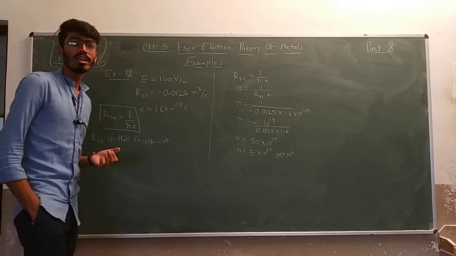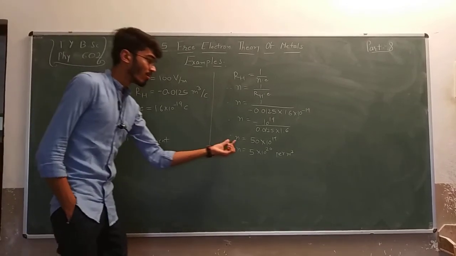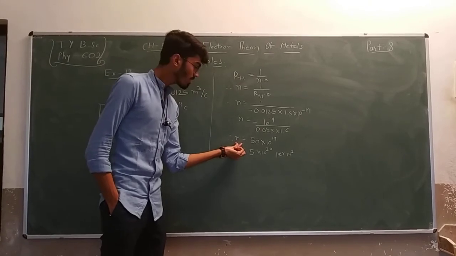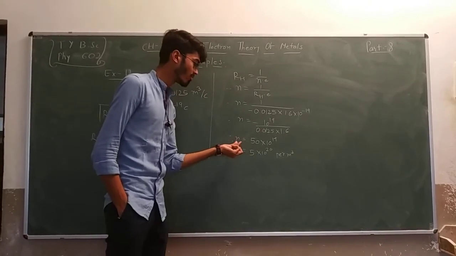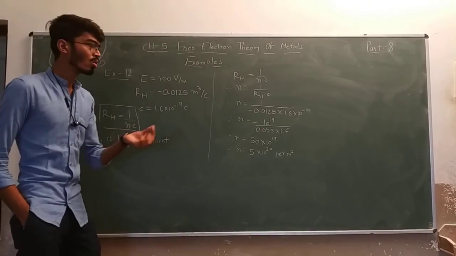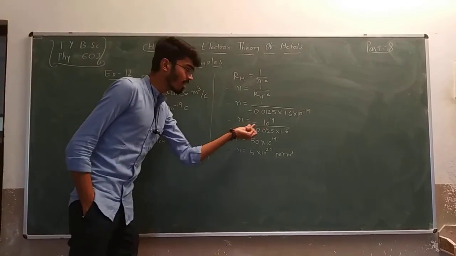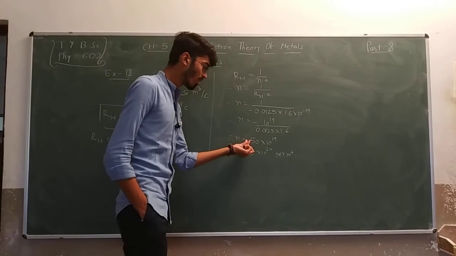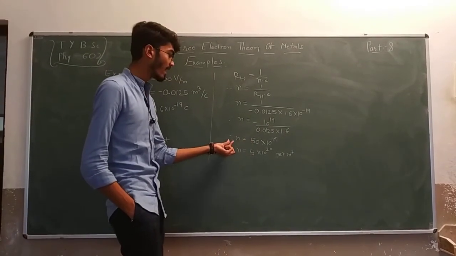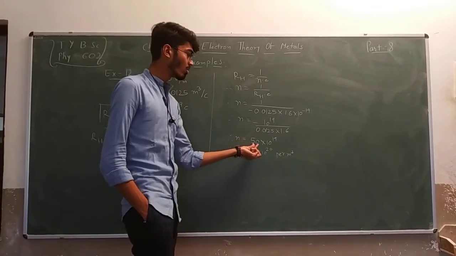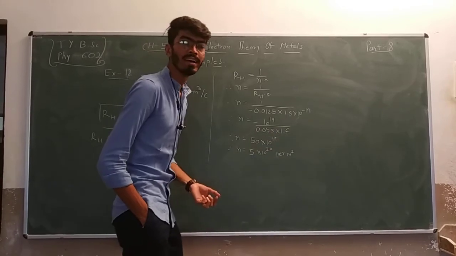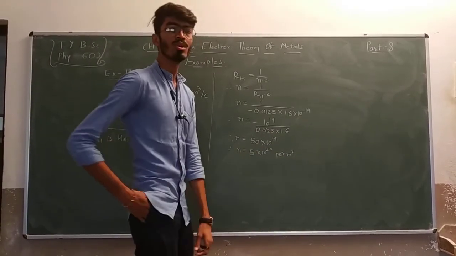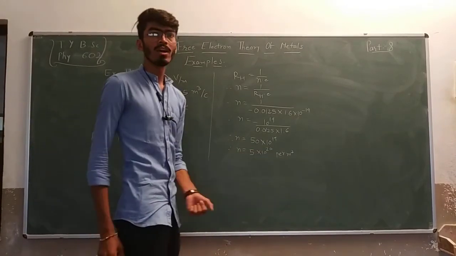We studied in our theory that whenever we need the carrier concentration, we need only n, so we don't need a minus sign. So n is equal to 5 cross 10 raised to 20 per meter cube.